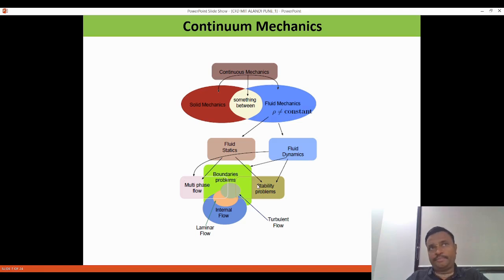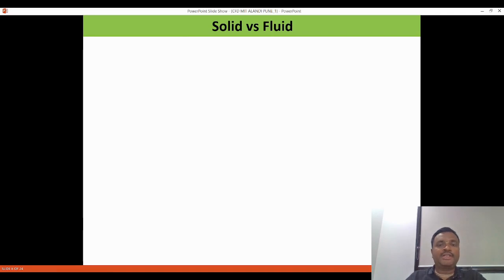Then stability. Why is stability important? Whether the simulations which we run are giving appropriate results or not, one should be able to check that also. And then problems related to internal as well as external flow. So this is about continuum mechanics, solid versus fluid.